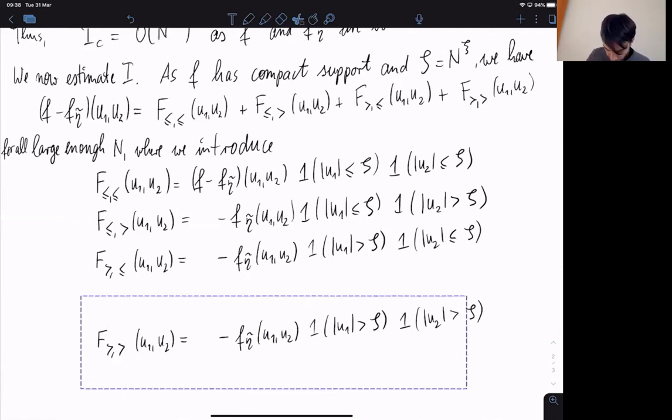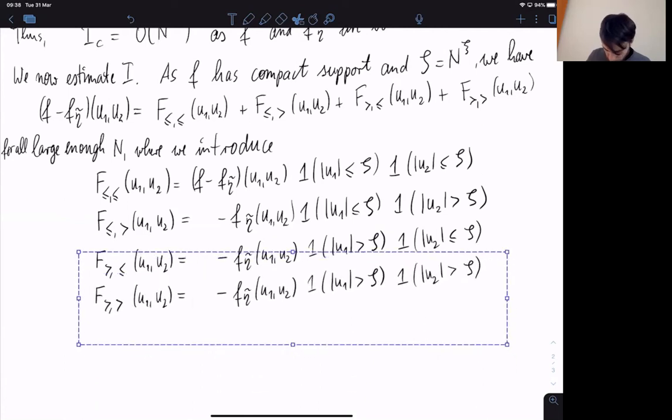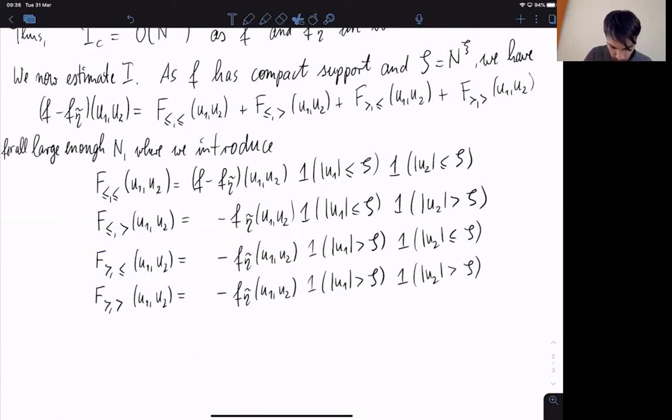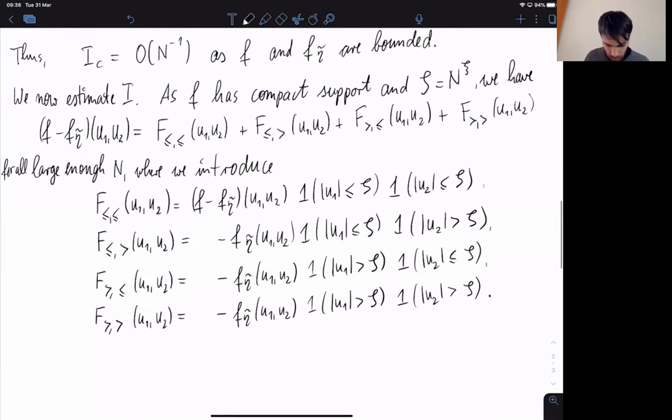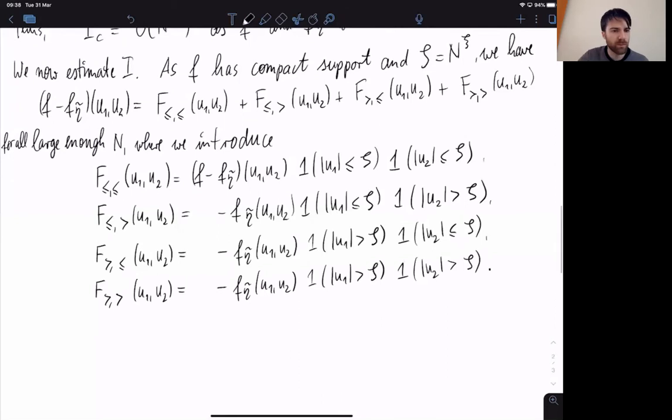Okay, I guess this is pretty much obvious how this works. So now we have this decomposition, and then we will just estimate these things.